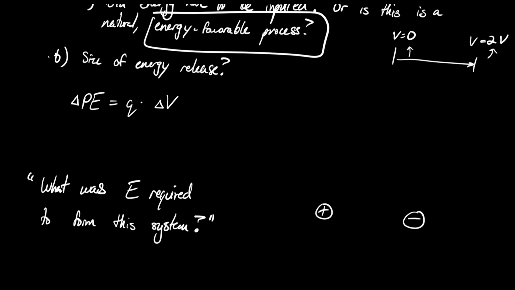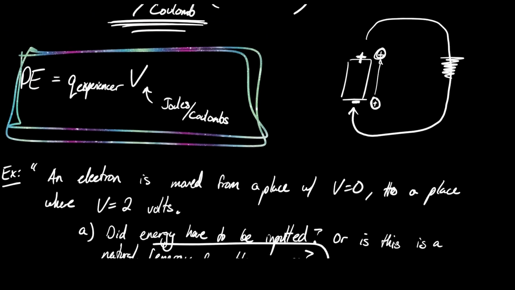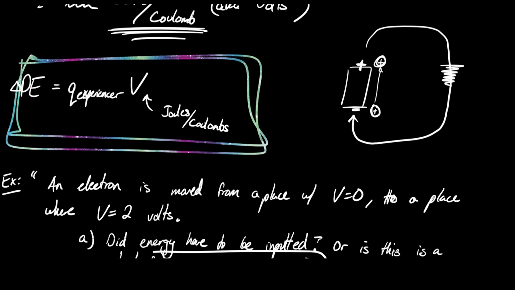People often write this implicitly. So actually I will go up here and I will edit our equation to have these deltas. Usually you talk about things being brought from one voltage to another voltage. And in the process, some energy change happens, whether it be a release or an absorption of energy to make it happen.